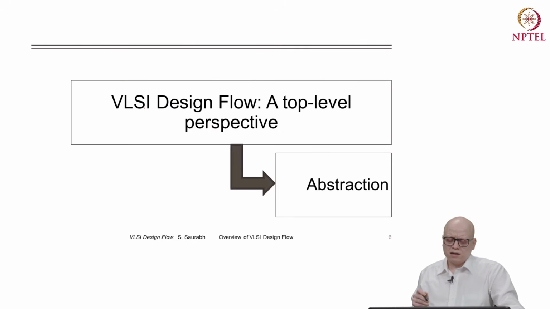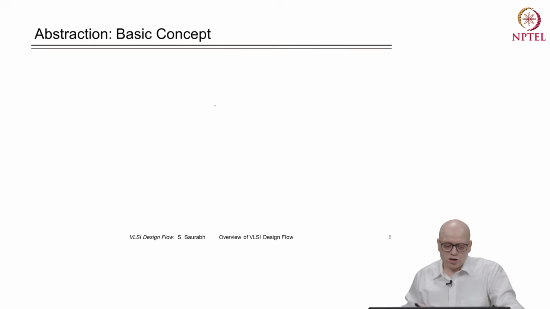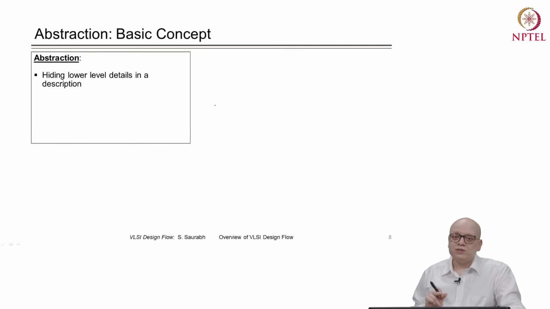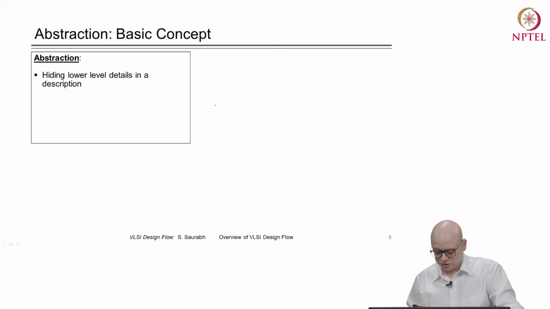We have taken a top level view of what VLSI design flow is and how an idea is converted to a chip. Now, let us look into an important concept which is known as abstraction and how it relates to VLSI design flow. So, what is abstraction? Abstraction is basically hiding lower level details in a description.